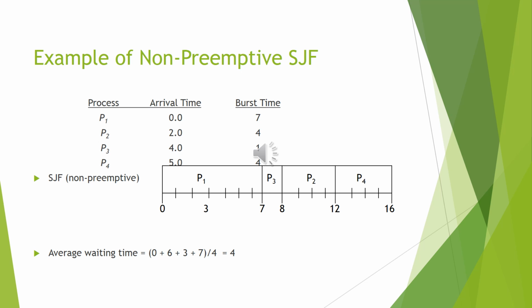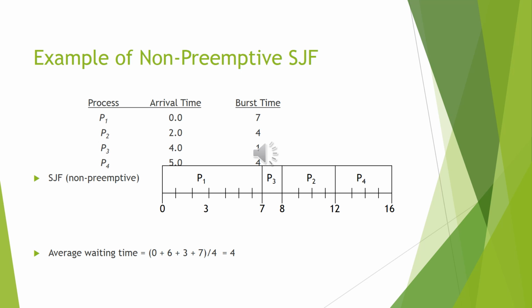Then process 2 waits for 6 seconds before it executes. Process 3 waits for 7 before it executes, and process 4 waits for 6 seconds before it executes.